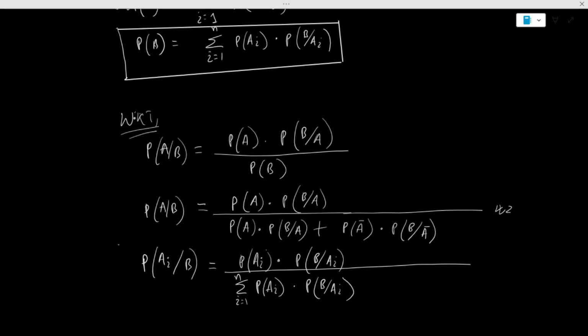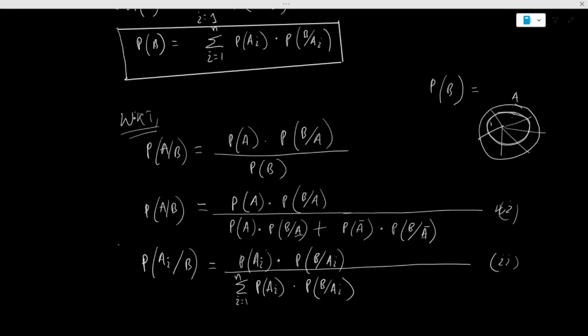So this formula is for the second condition, and they are similar, depending on how we expand the probability of B. In the first case we expanded using A and A complement. In the second case we partitioned A into n segments in such a way that the sum of the parts was equal to the whole, and B was somewhere like this. So externally it was A and internally it was B.